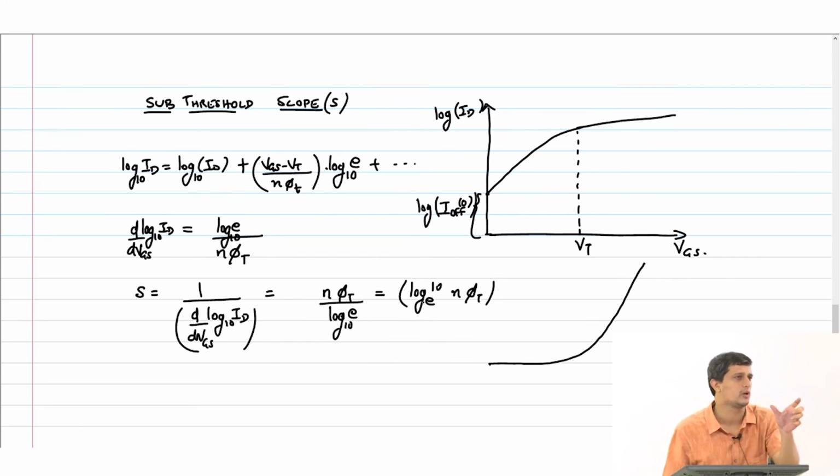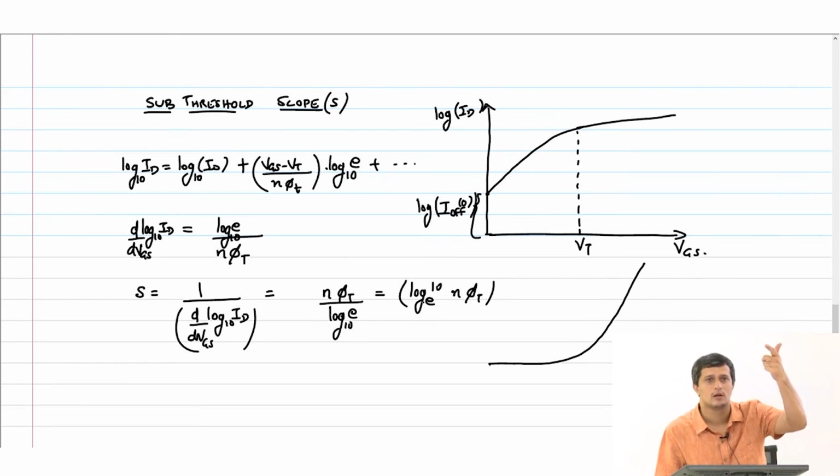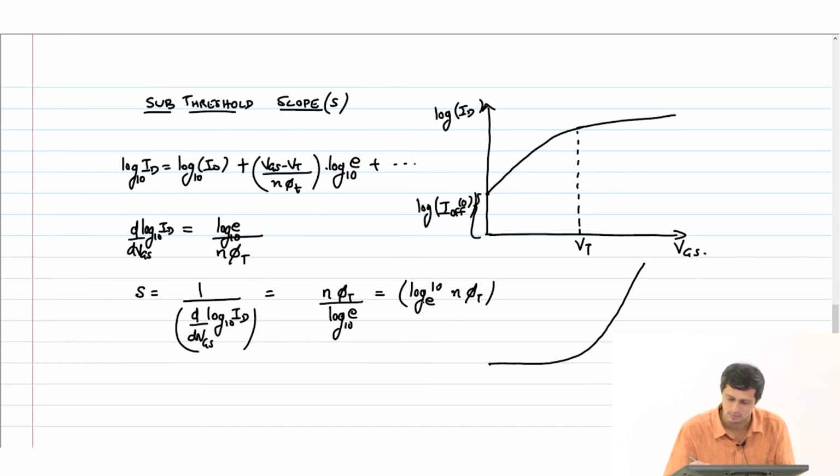Even in the PN junction, if you remember, the current has e power applied potential divided by n into phi t. That same non-ideality factor comes in, and it is typically 1.5 for a planar device. For a FinFET, they are able to bring it down a little bit.